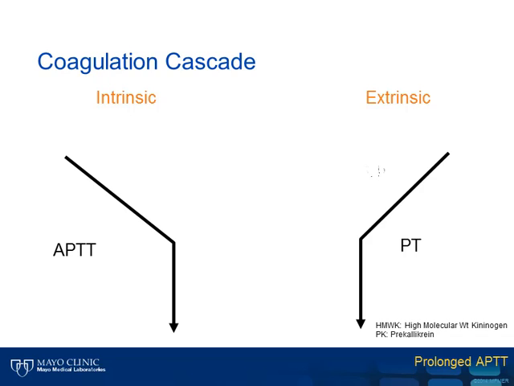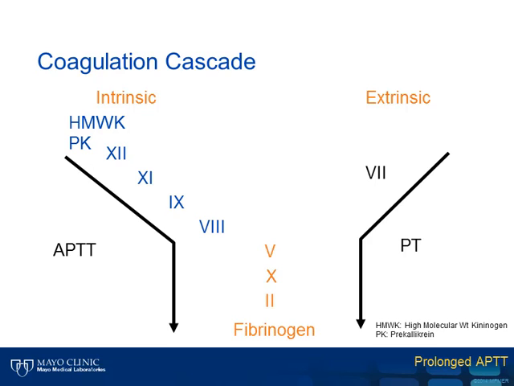Factor VII is a member of the extrinsic pathway. Members of the intrinsic pathway consist of factors 8, 9, 11, and 12, and two additional proteins, the high molecular weight kininogen and prekallikrein. And finally, members of the final common pathway consist of factors 5, 10, 2, and fibrinogen.